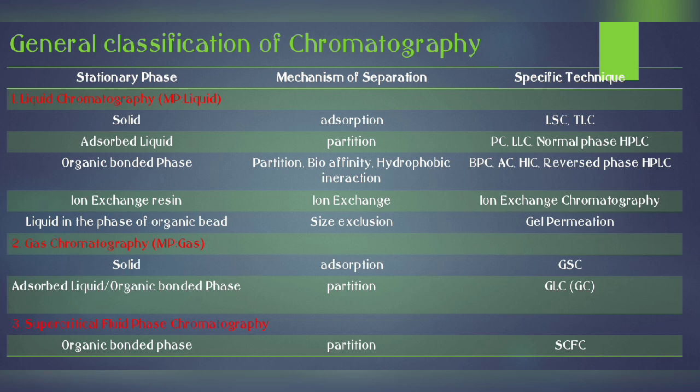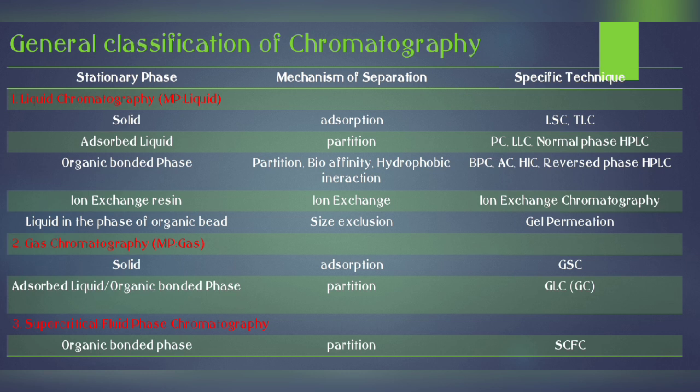In the first case, they are using a solid stationary phase with a liquid mobile phase; the mechanism of separation is adsorption, and the specific techniques are liquid solid chromatography and thin layer chromatography, as presented in the entire table.